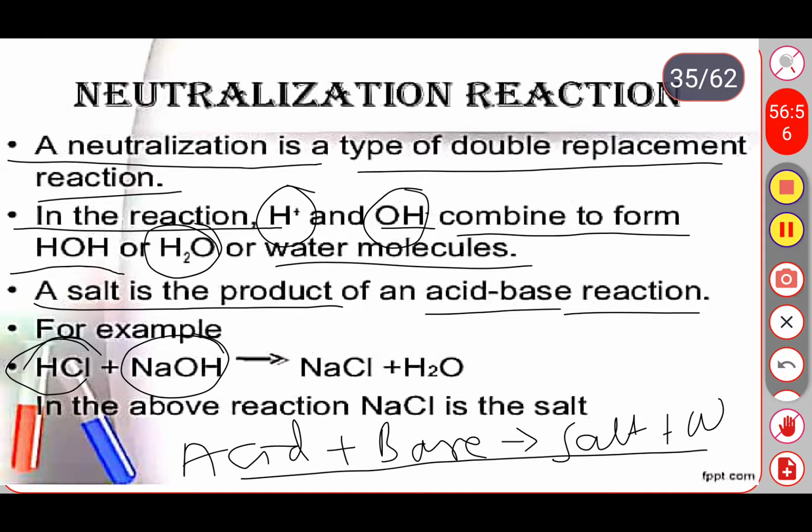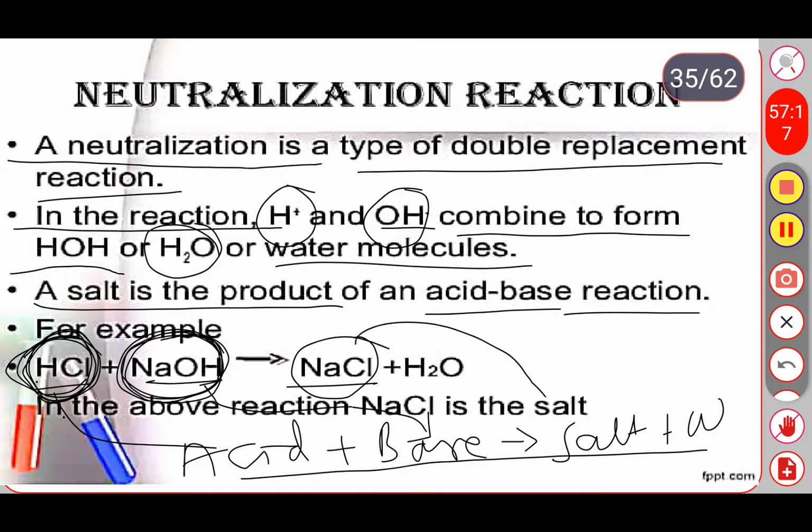When acid is combined with a base, it forms a salt. So NaCl, sodium chloride, is the salt. And we get water as one more product. In the above reaction, NaCl is the salt. Okay, so this is the best example for the neutralization reaction.